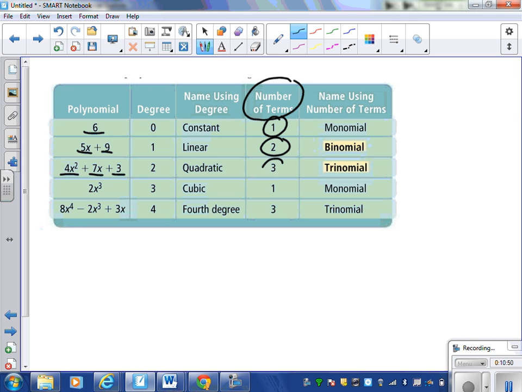The number of terms is 3. 1 term, 1 term. Remember 1 term. 1, 2, 3 coefficients. 3 terms. So hopefully that explains what the degree is and the number of terms given in the problem.